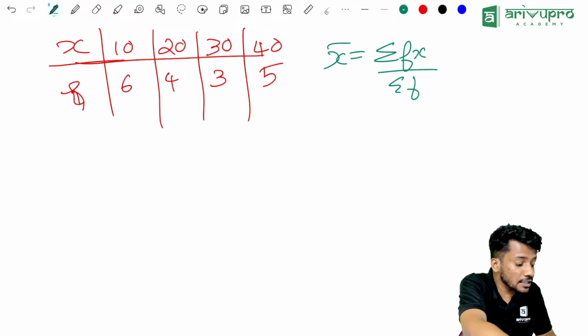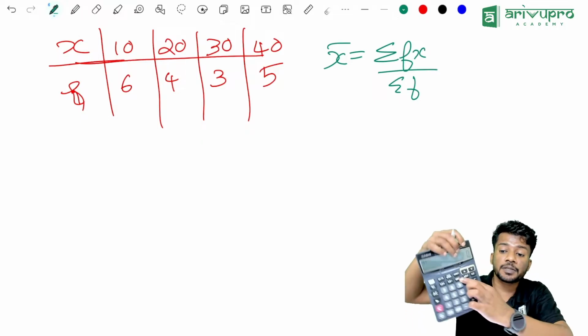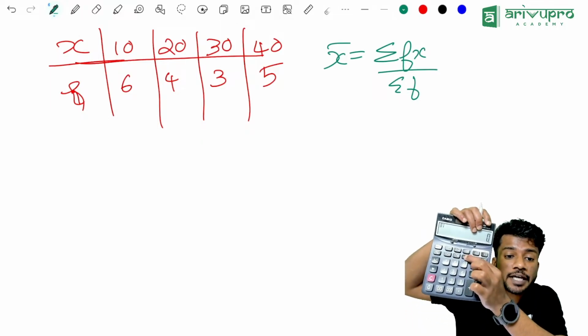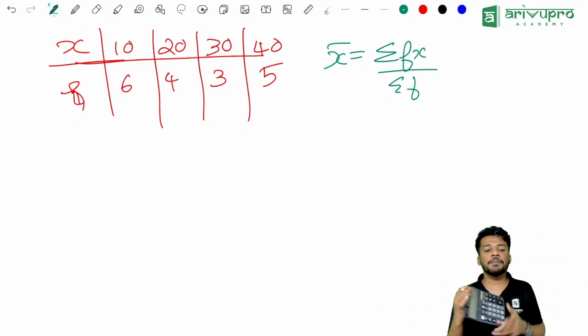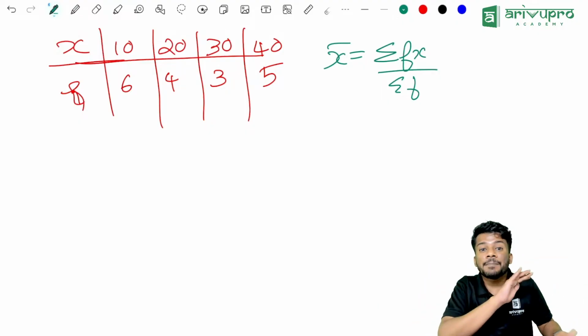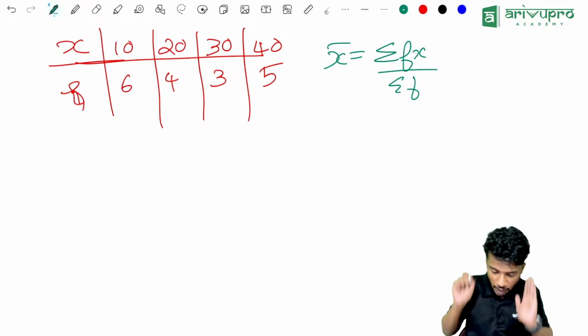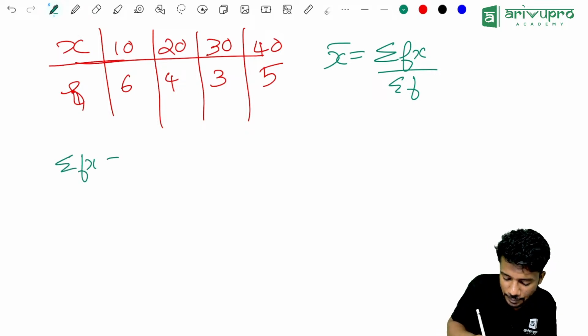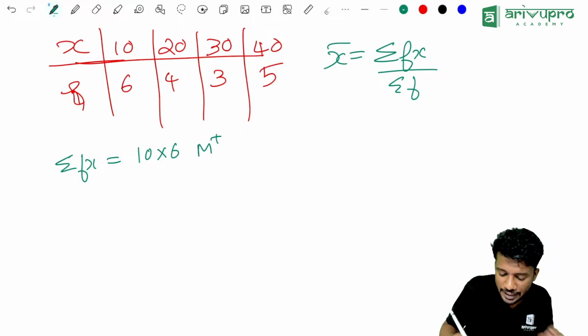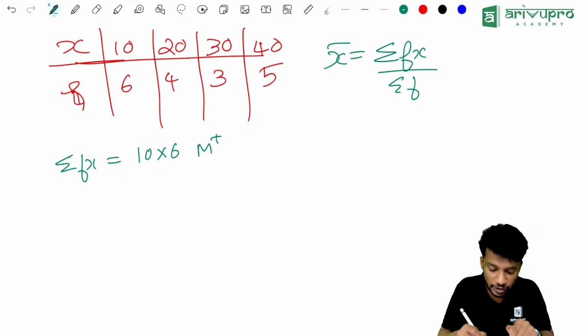Everyone, clear the memory first. First step is clearing the memory. That means you need to click the MRC button, minimum 2 times, so the memory will be cleared. Now to find sigma fx, first type 10 into 6, the product of x and f. X is 10, f is 6.